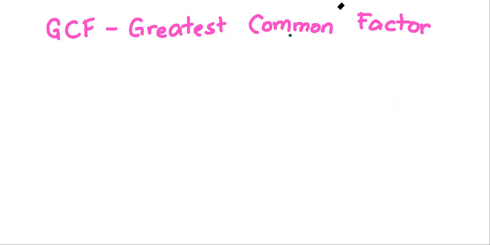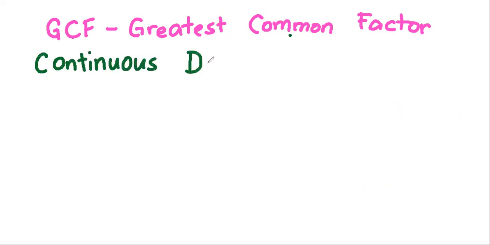Let me introduce it to you. It's like a simple division, but in a different way. So again, let's find the GCF of 18 and 24.